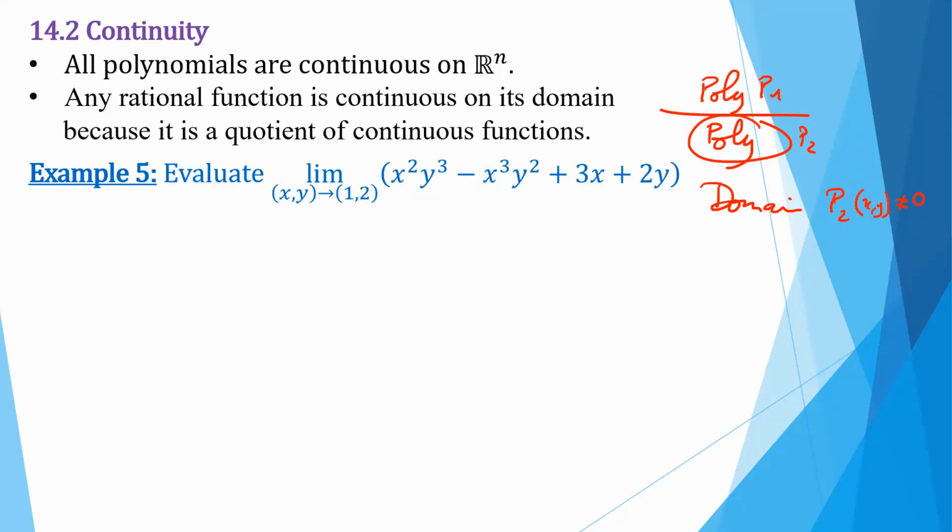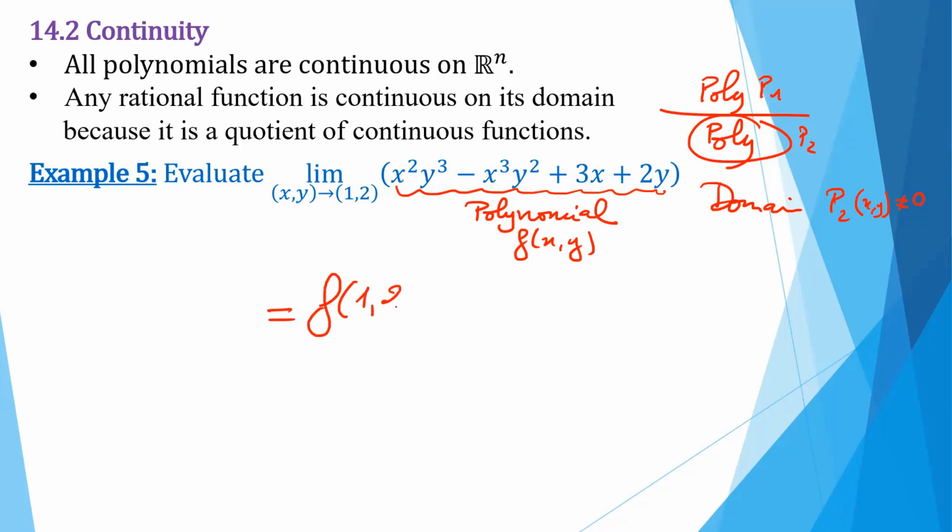When we know that a function is continuous, the calculation of a limit becomes very, very easy. In this example, the function f of (x, y) is a polynomial function of two variables, and a polynomial is continuous on R^n. So we just have to calculate the output associated to the point (1, 2).